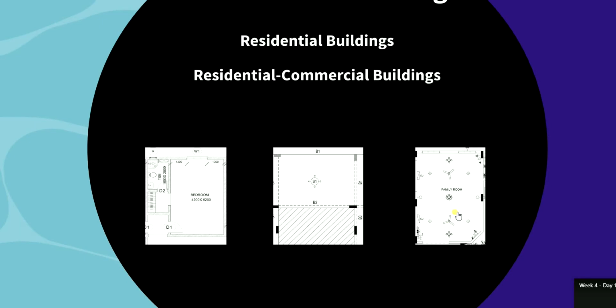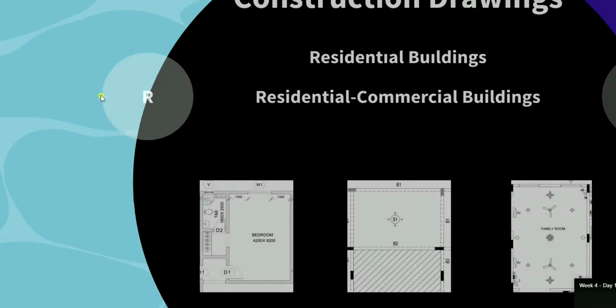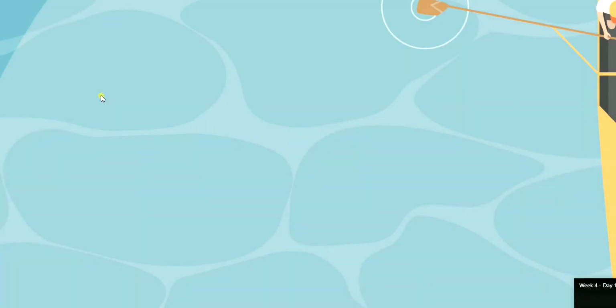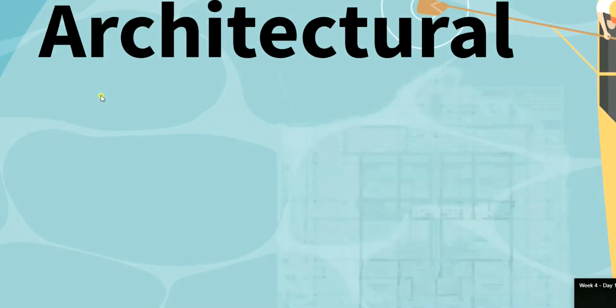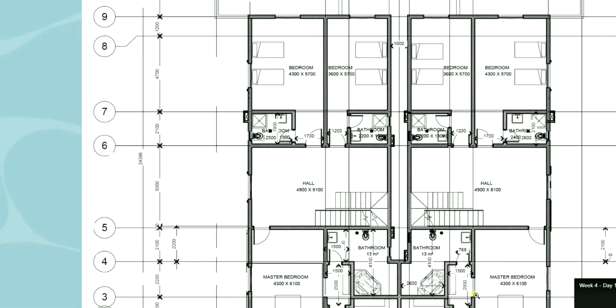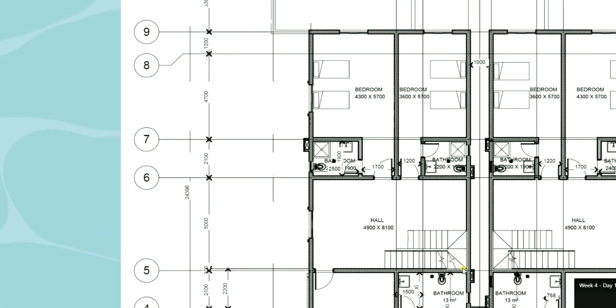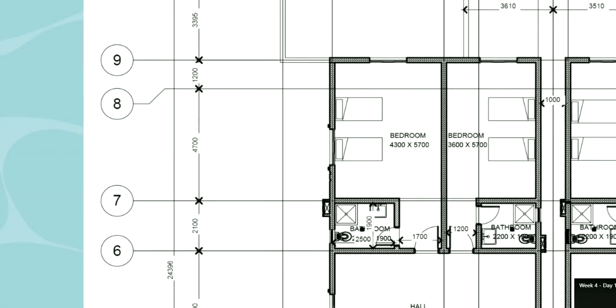Okay, going into details for the residential and residential commercial, we have residential here, we have residential and commercial. We are going to see in details what are the things that we need to submit and whom to submit them to. Okay. So we are going for residential. Now for the residential, normally we need to send the architecture. So you can see here an example of our architectural drawing, and you can see once again doors are there, windows are there, steps are there, utilities, beds.